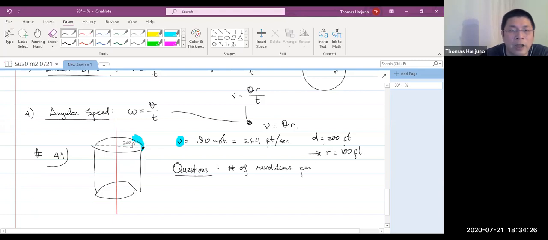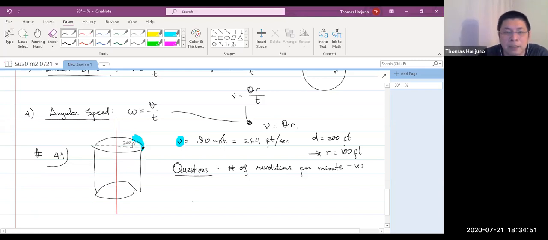So how many times do you encircle the axis if you have that speed? Number of revolutions per minute. So this is basically the omega.